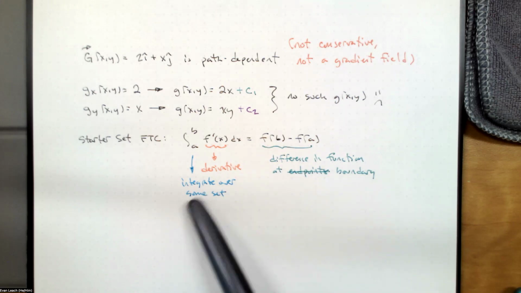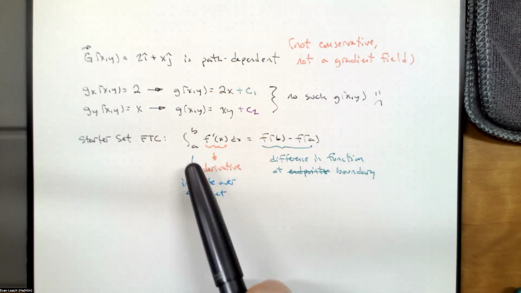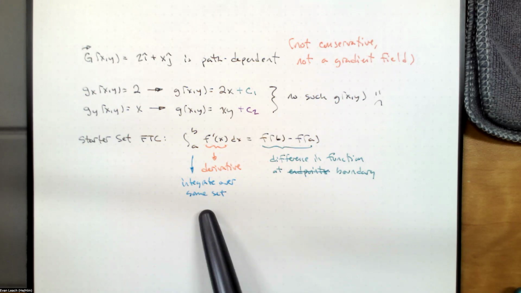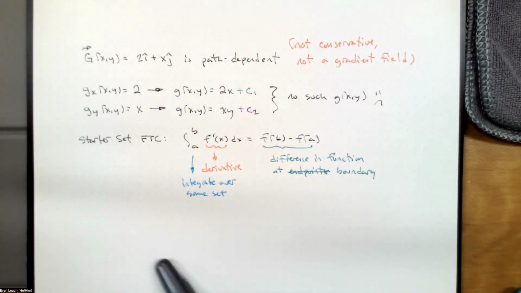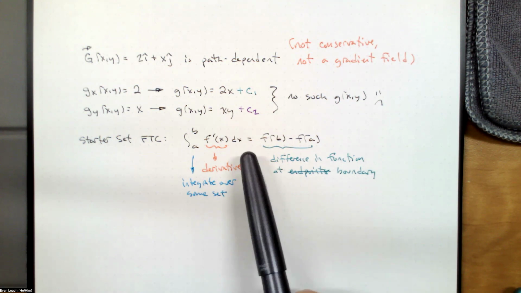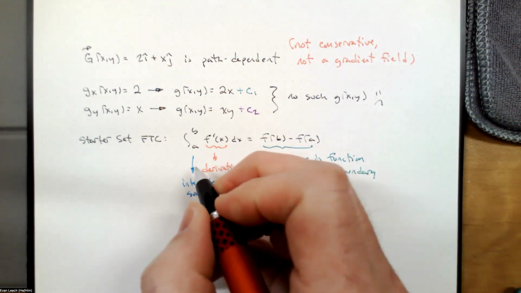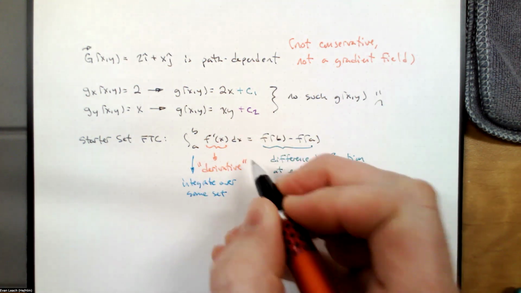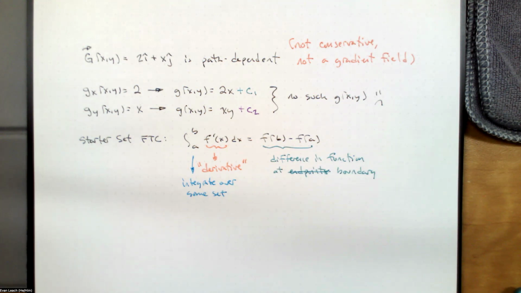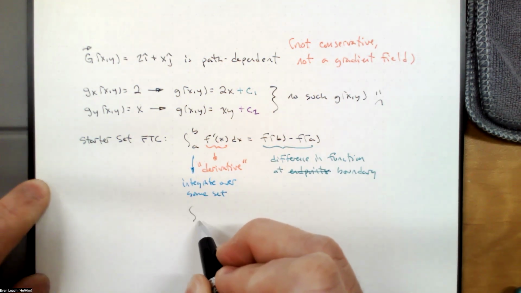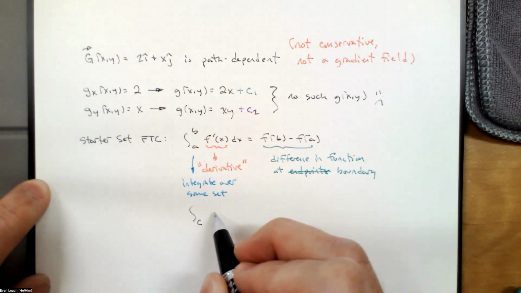So in this structure, in a line integral, the set over which we integrate is just some curve, any curve from point P to point Q. The derivative can be thought of as the gradient. So in a line integral, C is the set over which we integrate.